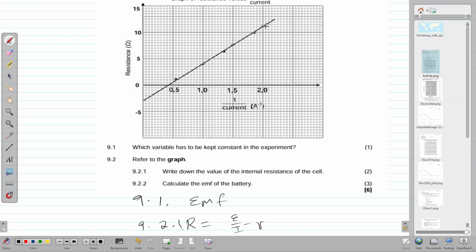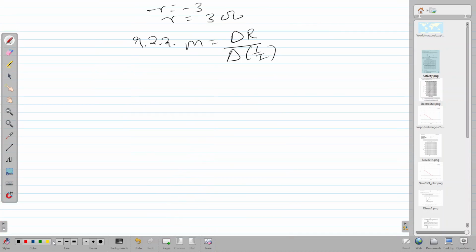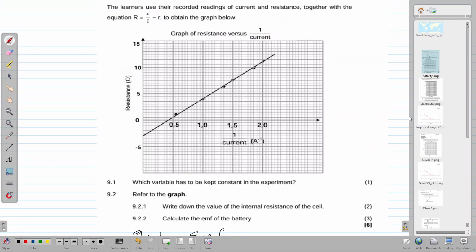I'm going to select 2 and 11. For the other point, let's select this one here, at 1.5 we have 7.5. So let's do 7.5.